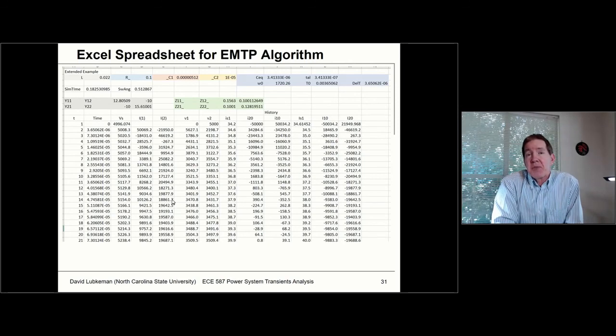But at least for small scale, you could still do this. So I'll put this up on the website as well for those of you that might just have a small circuit, maybe a second order circuit, rather than going to PSCAD or Matlab all the time. You just might want to have something hard coded up in Excel.